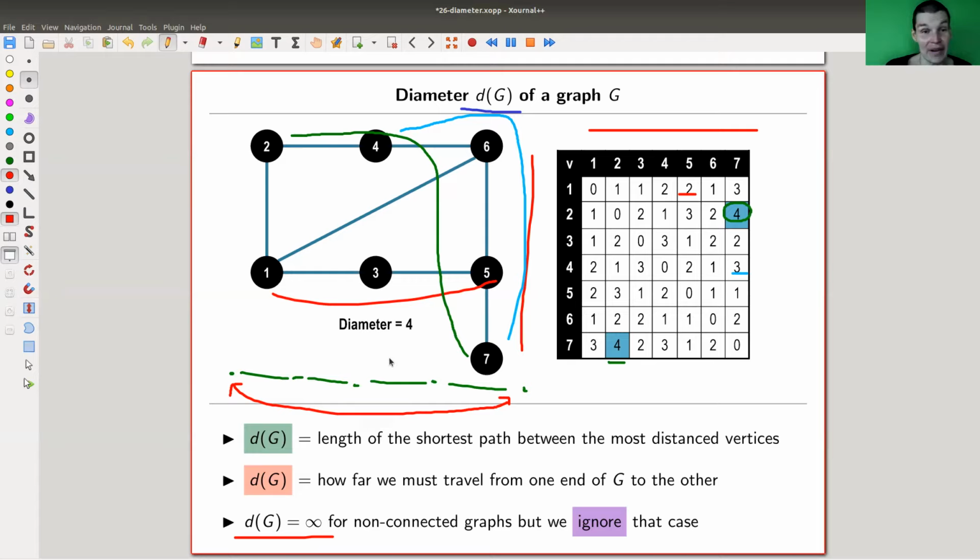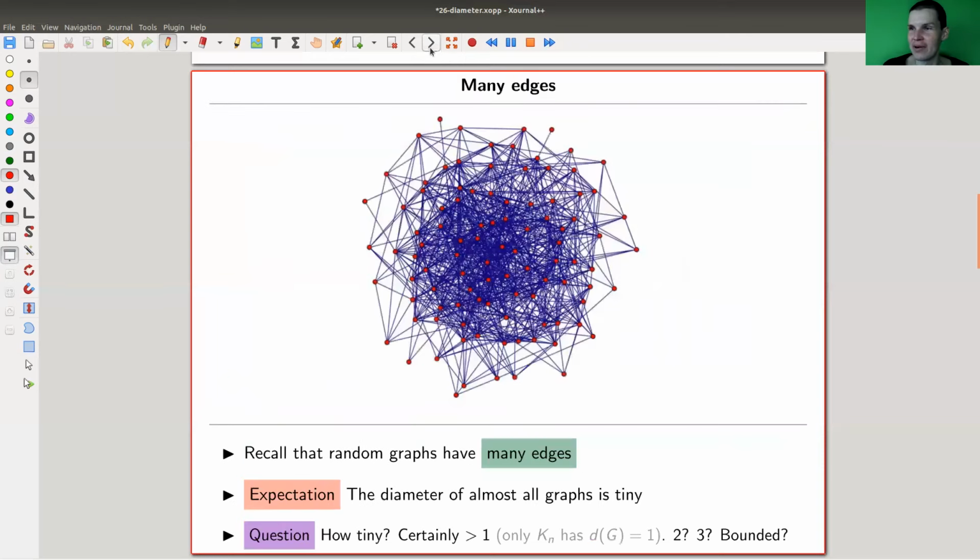And let's have a look whether it really takes any value for almost all graphs, or maybe it doesn't. I already spoiled the story anyway, so it doesn't take all values. Remember my slogan that random graphs, or almost all graphs, have very, very many edges. If there are so many edges, then the diameter should be pretty small.